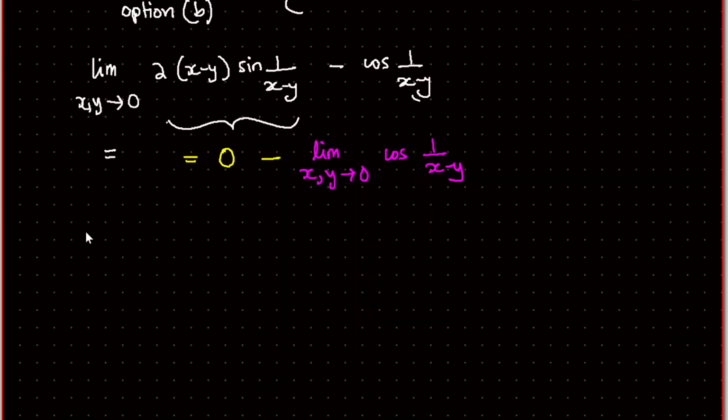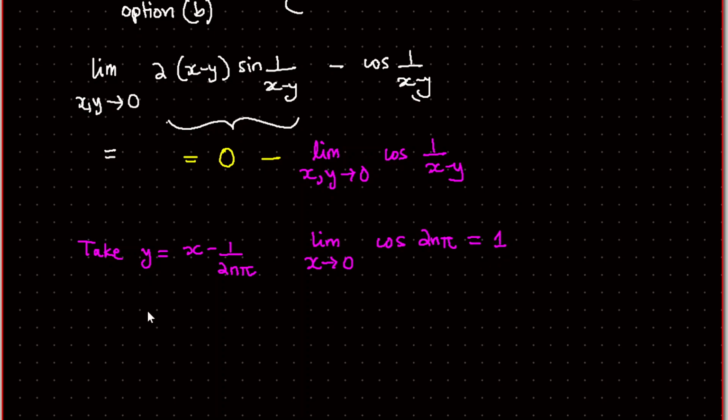How do we do that? Take y equals x minus 1 by 2n pi. In this case, limit x going to 0, y will also go to 0 subsequently, and then we have cos of 2n pi, which will be equal to 1.